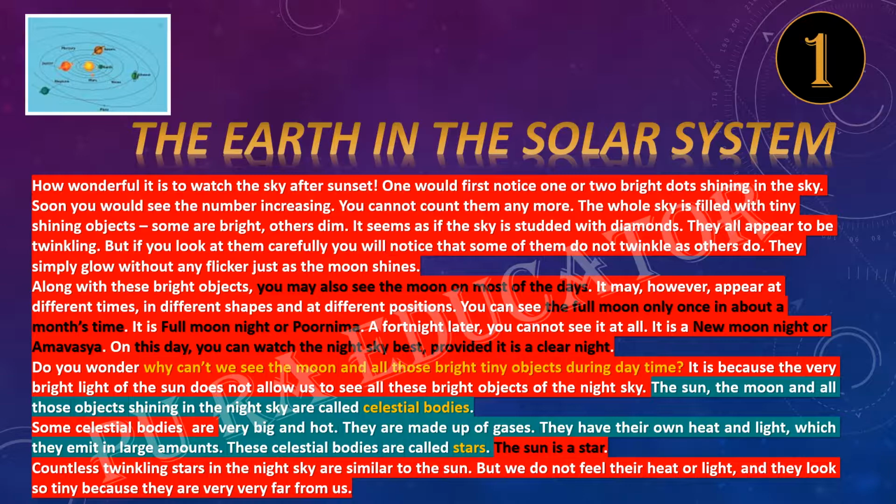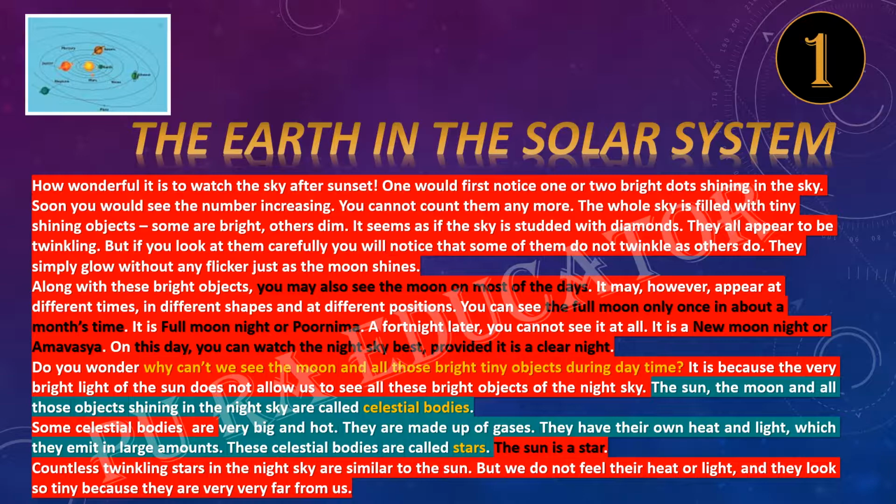Now the question arises, why can't we see the moon and all those bright tiny objects during the daytime? The answer is within the question. The moon is not seen in the day because in the daytime there is the sun.